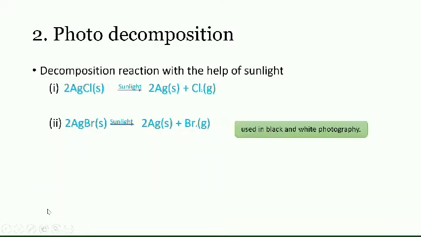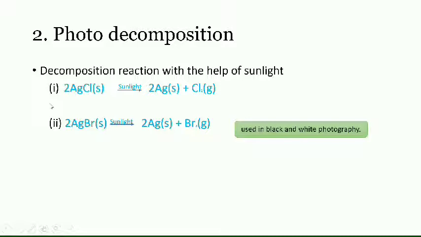The next type of decomposition reaction is photodecomposition or photolysis. Photo means light. So whenever a decomposition reaction occurs in the presence of light, sunlight, this type of reaction is called photolysis or photodecomposition.